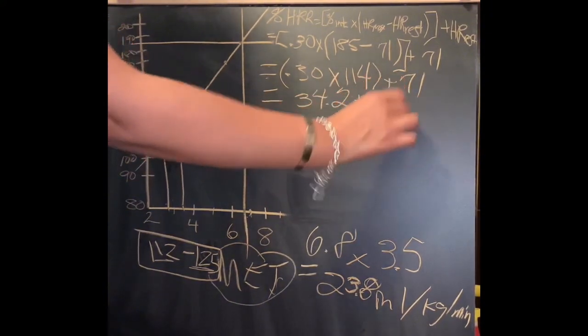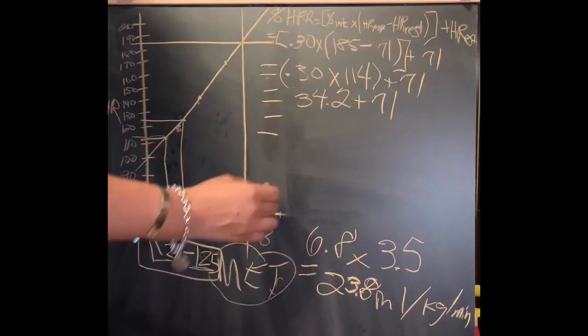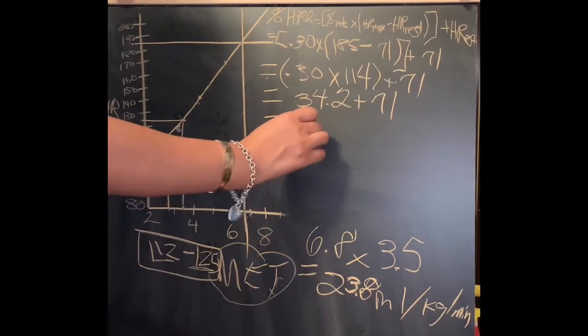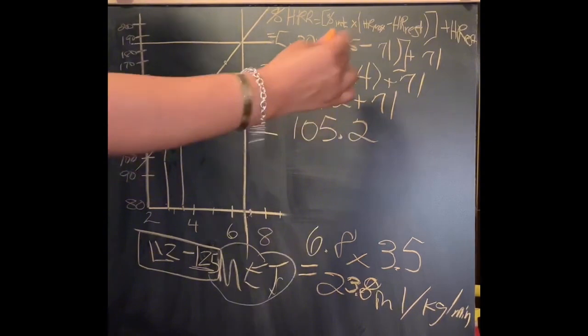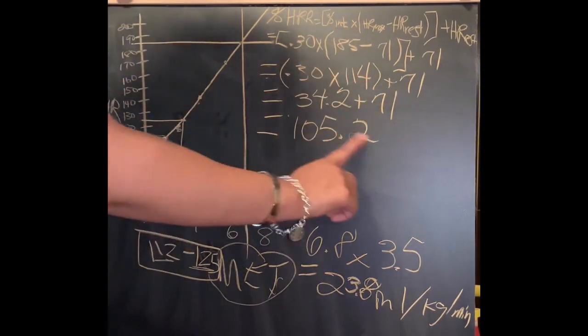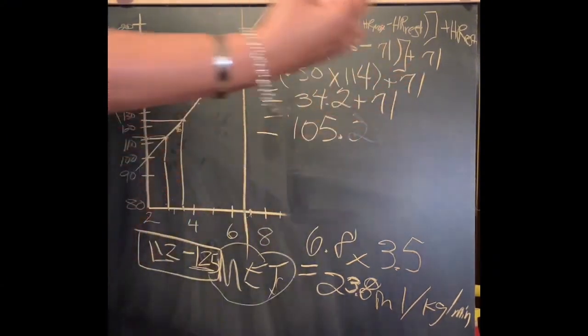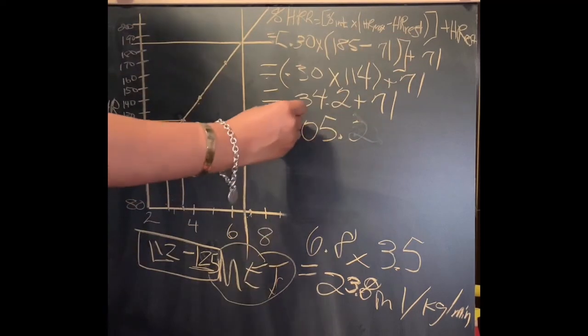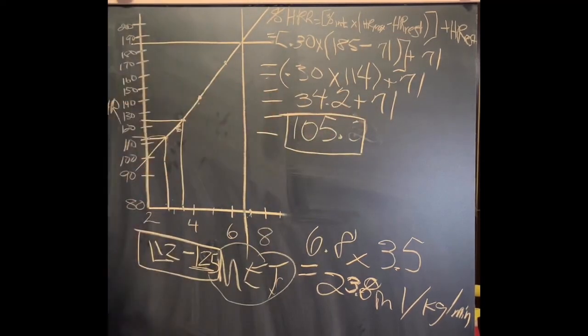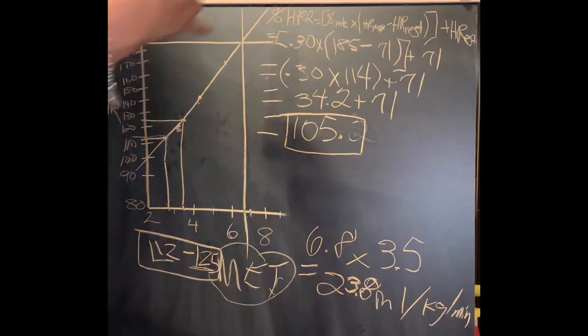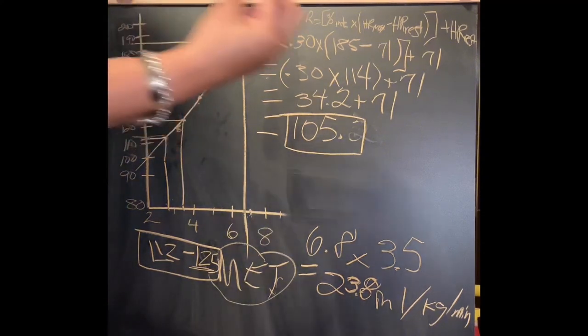Then plus the 71. And we do that math, and we come up with 105.2. So this is the minimum, or you can just say 105, because who's going to look at the decimal when we're talking about heart rate? So we can say 105 beats per minute is our minimum heart rate target zone. And now we need to do the maximum.